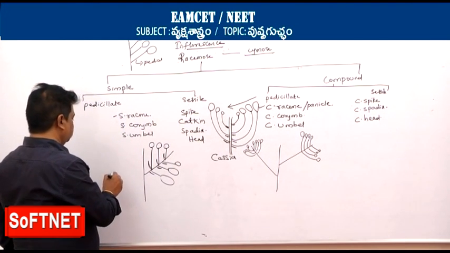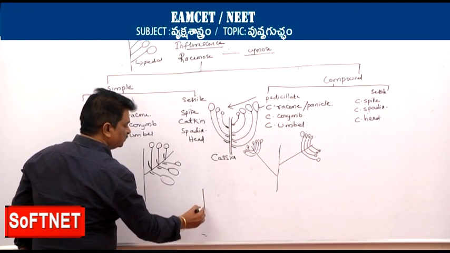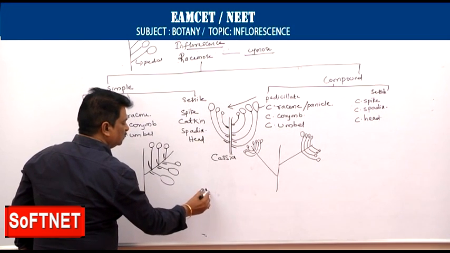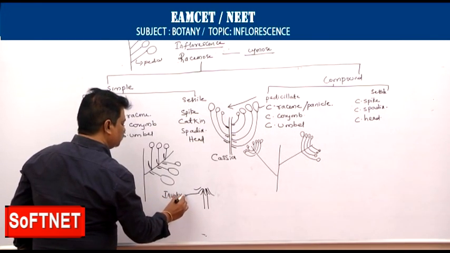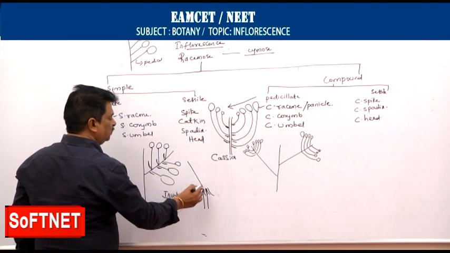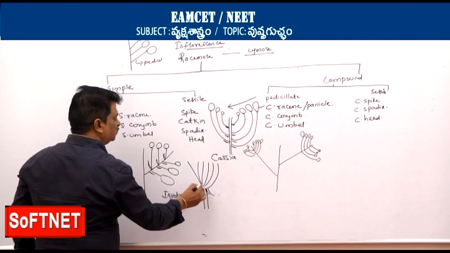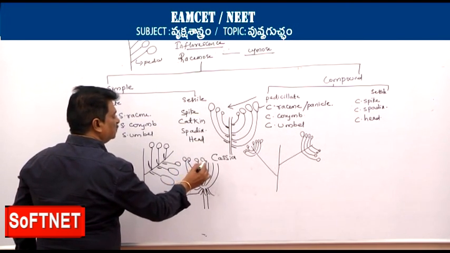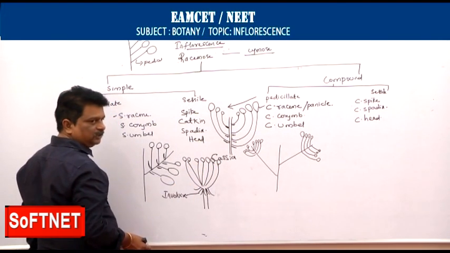In simple umbel, the peduncle is condensed and at the tip of the peduncle a row of bracts is present. Such a row of bracts is called involucre, and from the axils of the involucre several pedicellate flowers are formed, and all these flowers are brought to the same height.